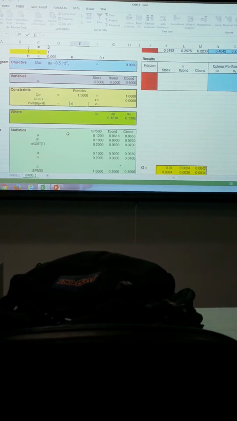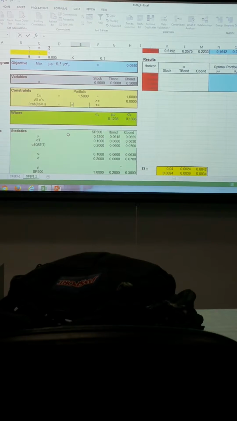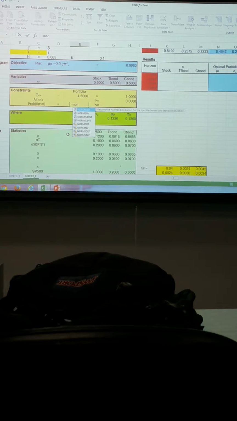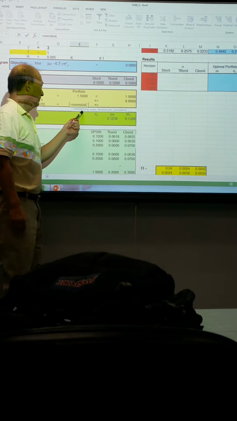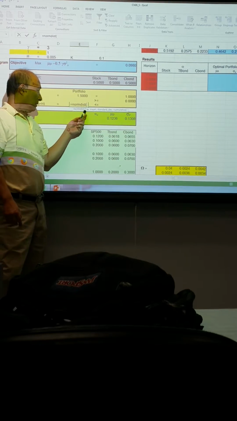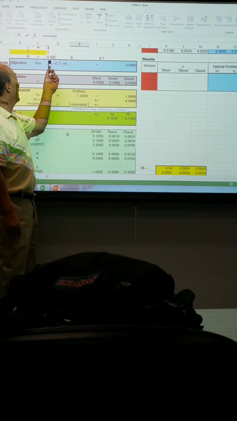Okay, so let's type here norm dist. Open parenthesis. What is the cumulative probability up to x, which in our case is H?